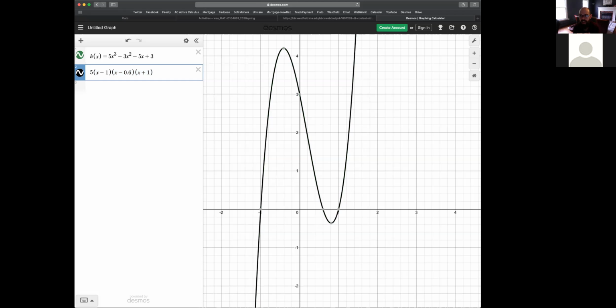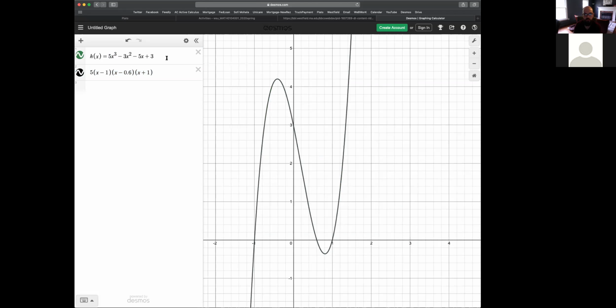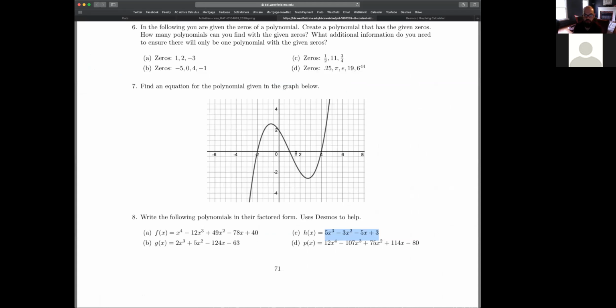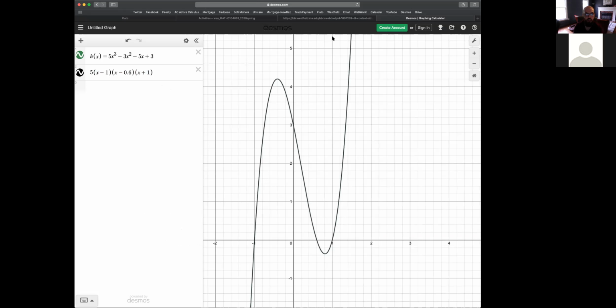If we already have the equation, and I already know what my leading term and leading coefficient are, we don't necessarily have to go through that same process. So in this case, we're working a little smarter because we have more information than in the previous case. With the earlier graph we didn't have the equation, and this one down here we do, so we know the leading coefficient has to be 5.